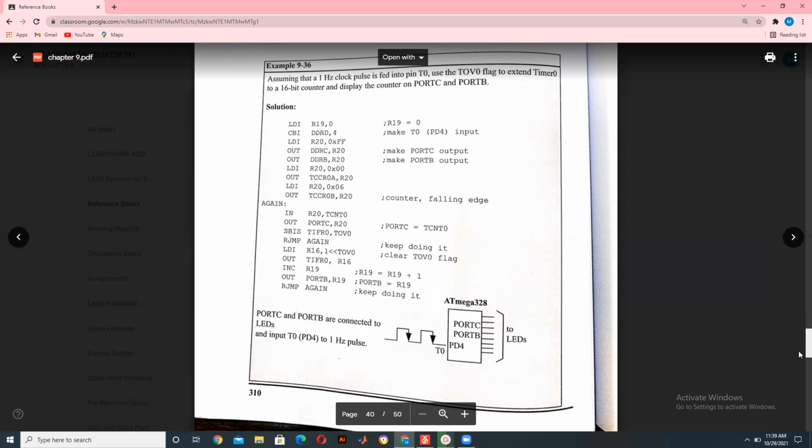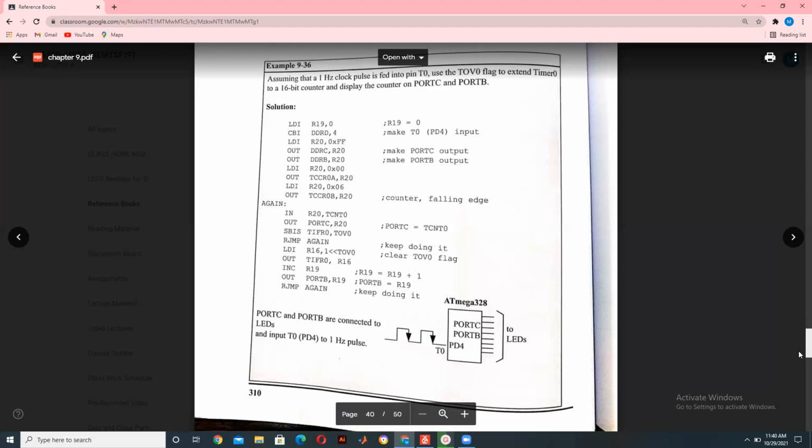Then we take input from TCNT0 and output it to R20 and port C. The loop continues until the flag of TOV0 is raised, taking inputs and outputs again and again until this condition is satisfied.